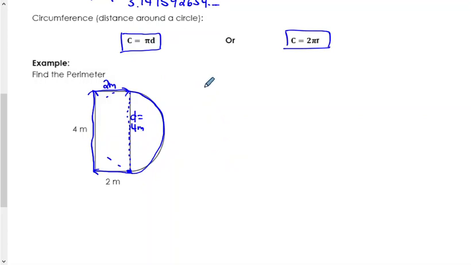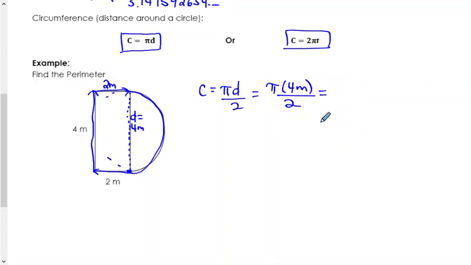Now, if I calculate my circumference, I'm going to get too big of a number because I only have half a circle. So since I only have half a circle, I can just divide it by 2. Putting in our number, our diameter of 4 meters, I get pi times 4 meters divided by 2.